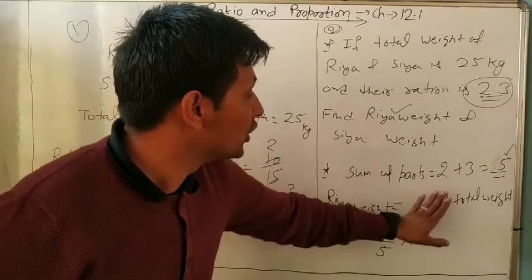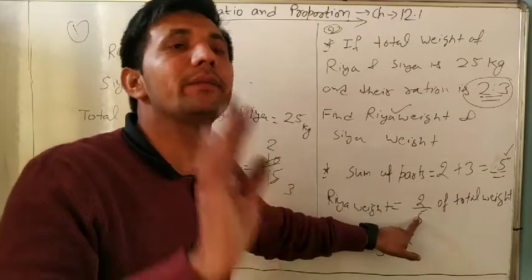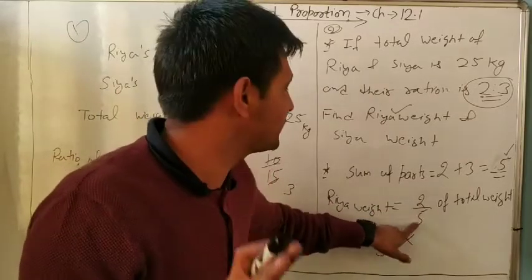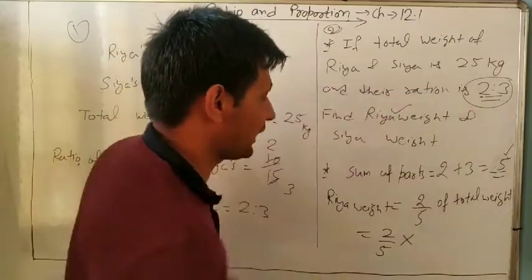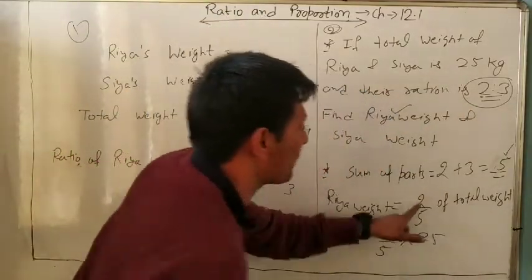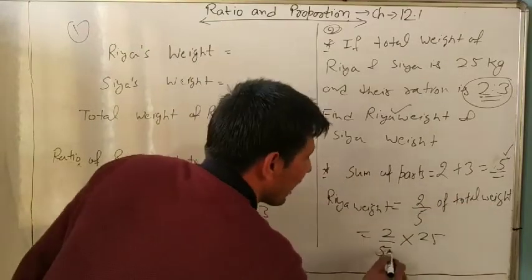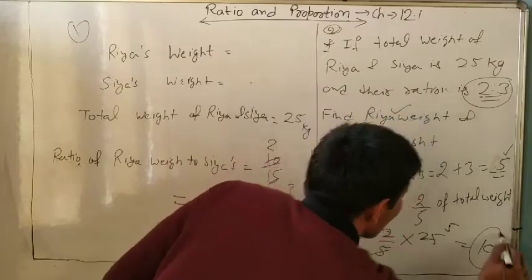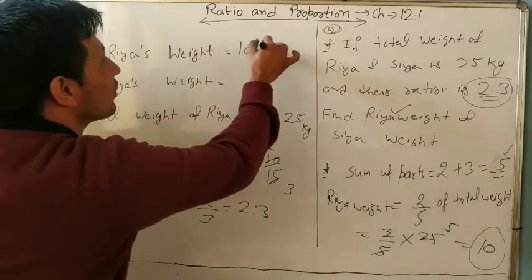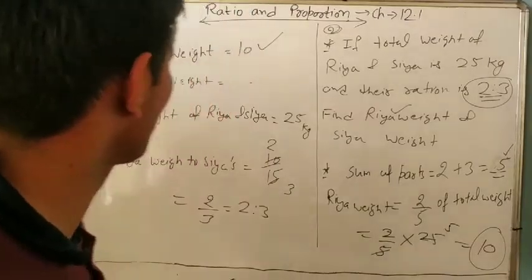If the total weight were 5, Riya's weight would be 2, but the total weight is 25. So 5 fives are 25, 2 fives are 10. It is 10 kg, as I told you at the start.